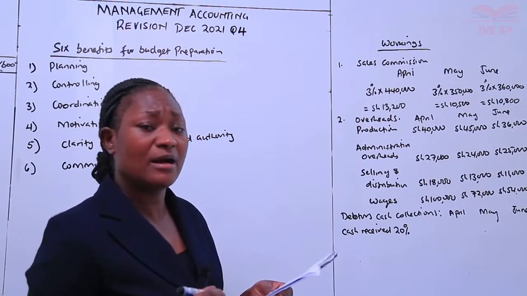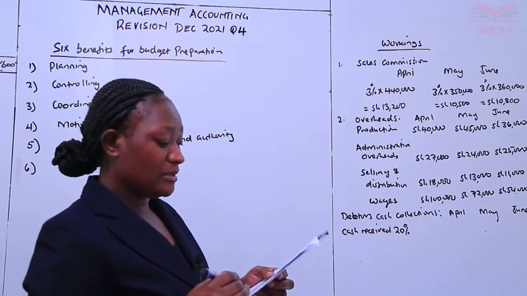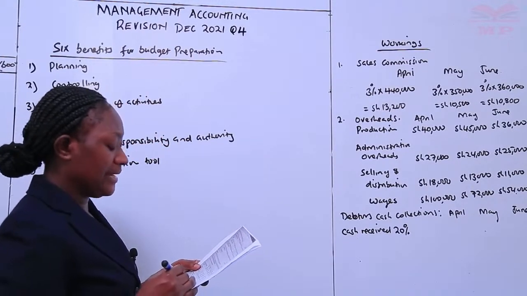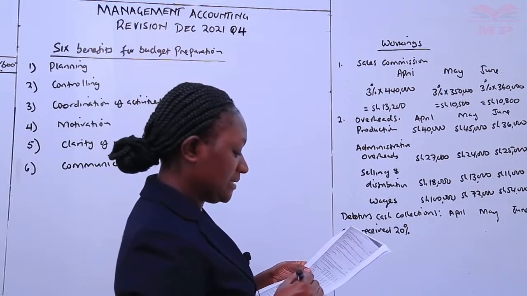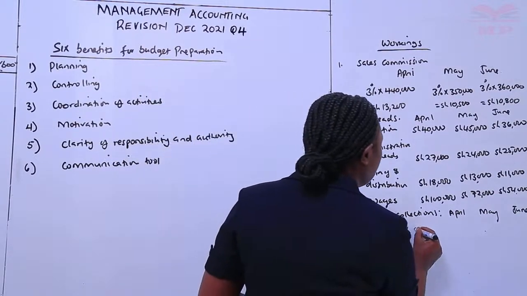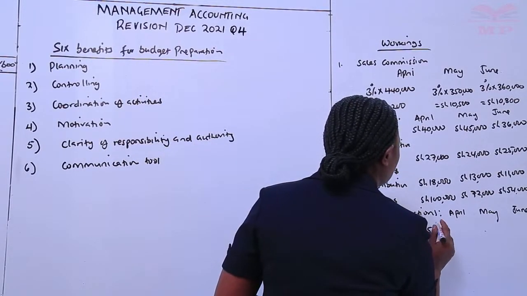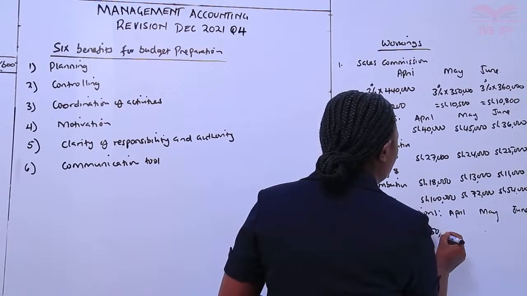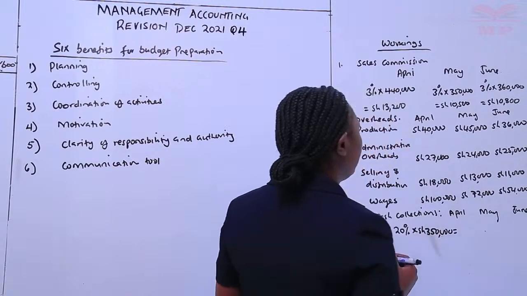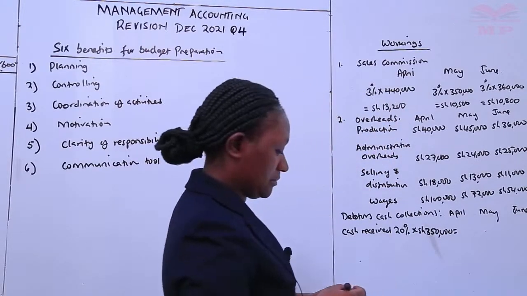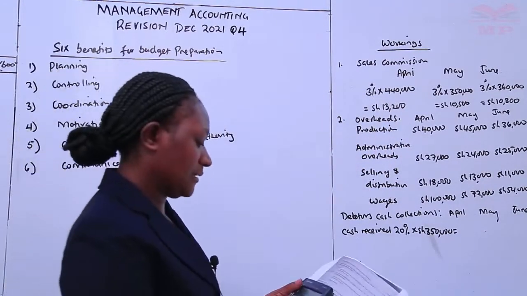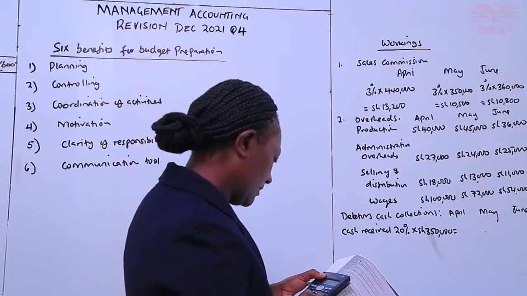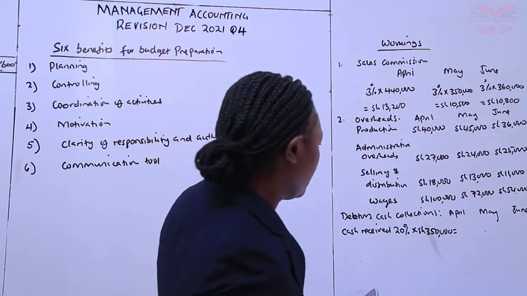Because it is received in cash, we calculate 20% for April times 350,000. That will give us 20% of 350, which is 70,000.